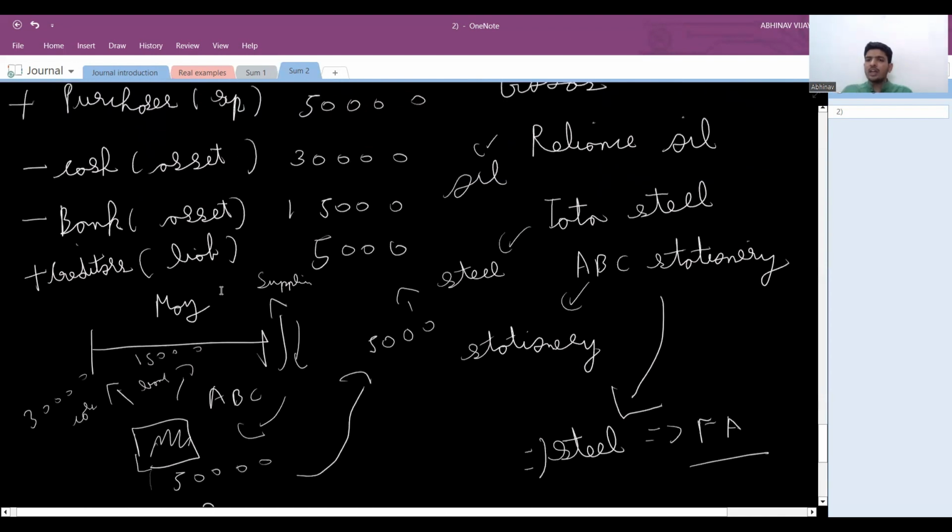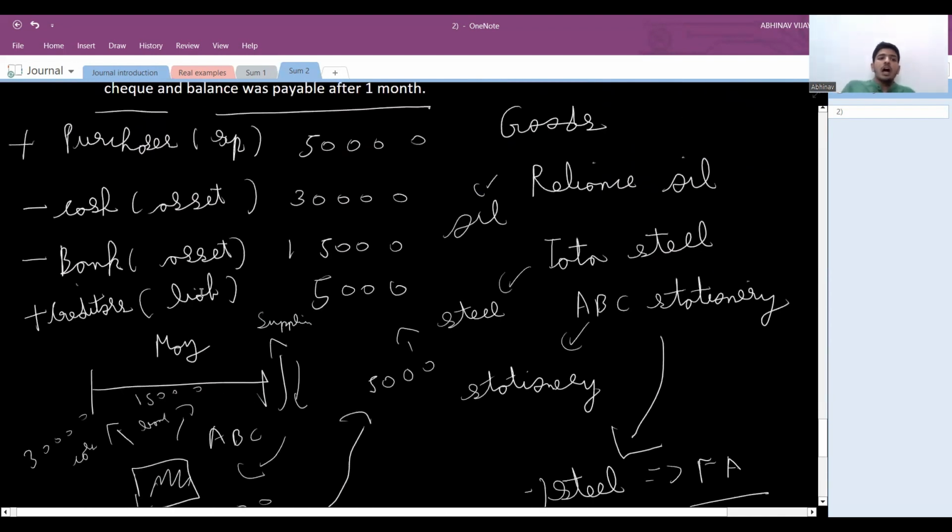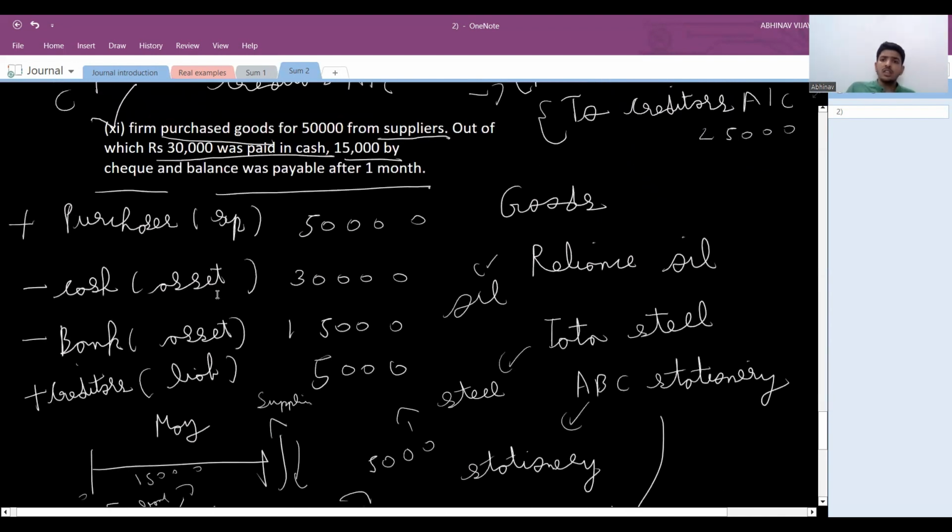Now, again, double entry system. At the end of the month, this is the impact on the firm's books. Cash gets reduced by 30,000, bank gets reduced by 15,000. There's a liability of 5,000 in their books.